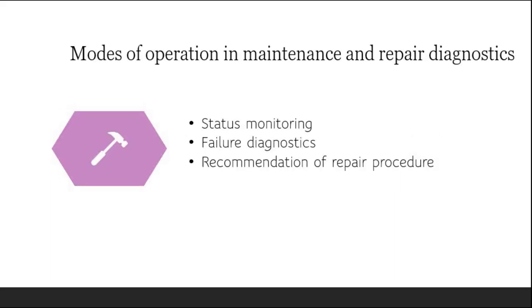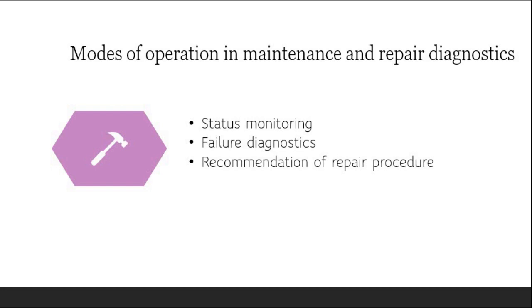Now, the second function concerned with enhancing safety and performance of the equipment in automation is maintenance and repair diagnostics. For maintenance and repair diagnostics, we have three modes of operation.